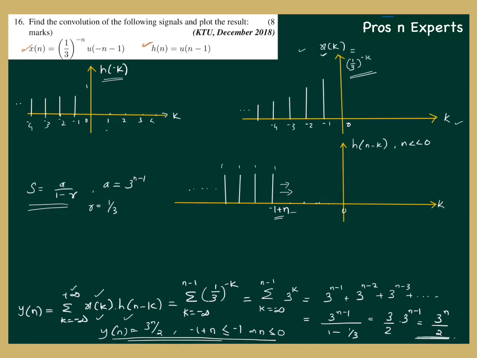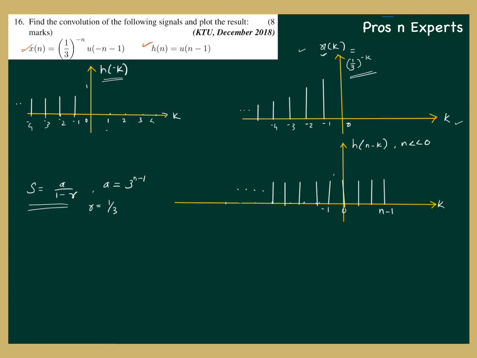Now the next condition is, as we increment this n, this sample moves in this direction and crosses the minus 1 point. That is the next condition. So this could be one such case where the n minus 1, the leading edge, is outside x of k.